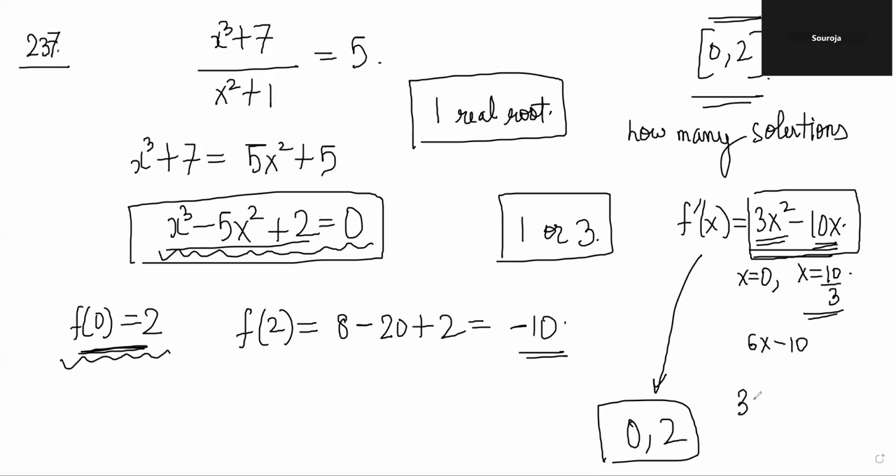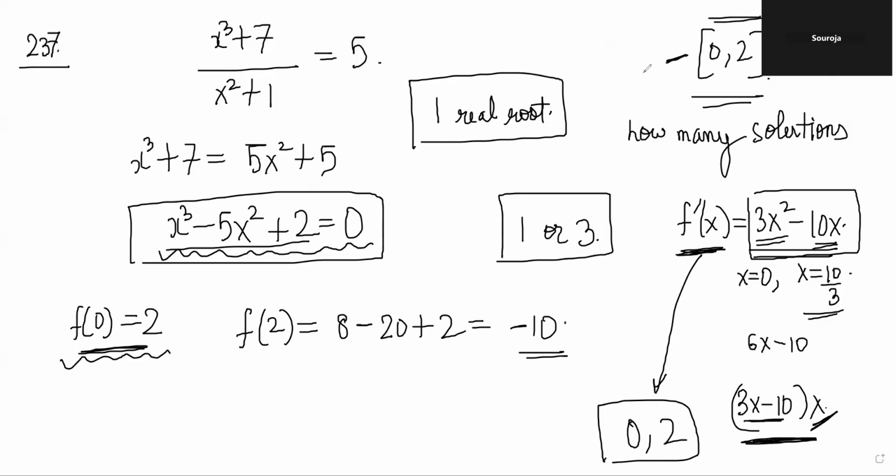If you take 3x minus 10 into x, between 0 to 2, one of them is positive, one of them is negative. The product is negative, right? So because the derivative is negative in this region, the function is always going down. It is a decreasing function.